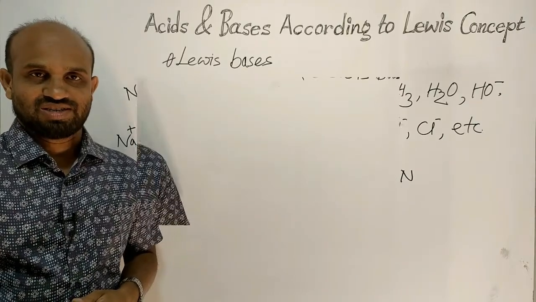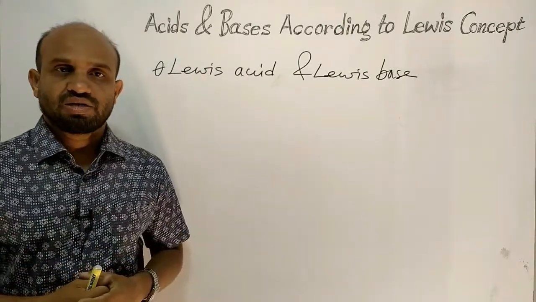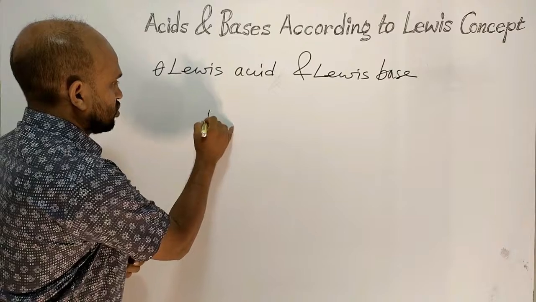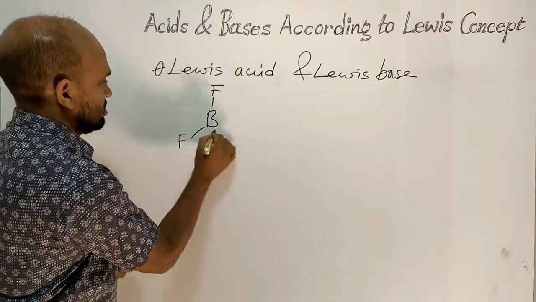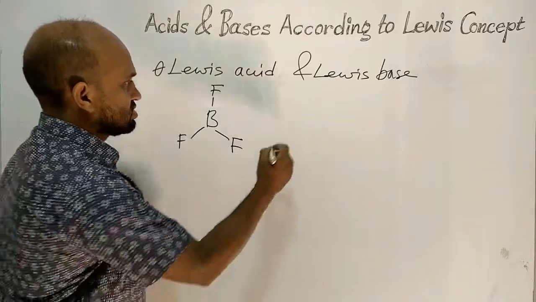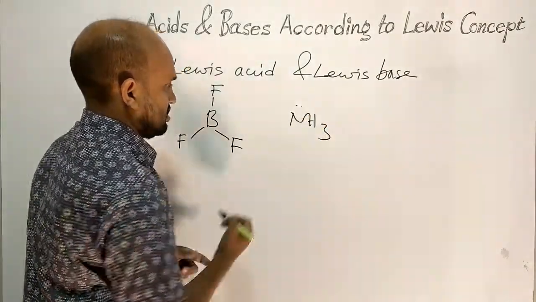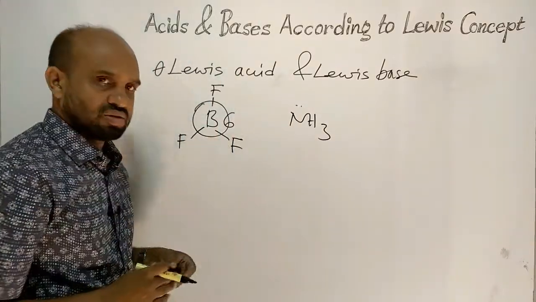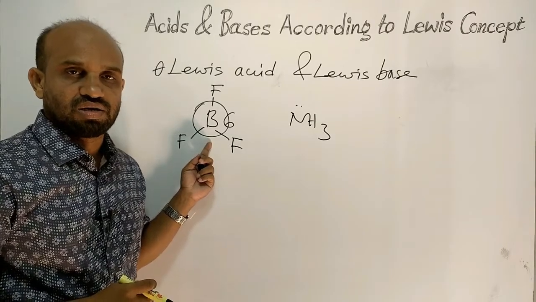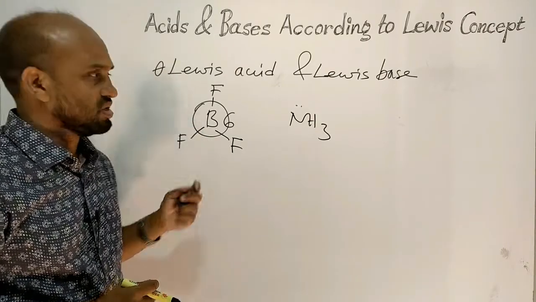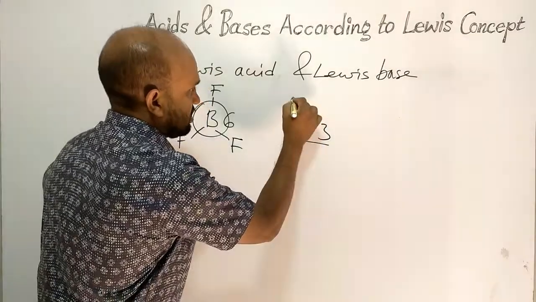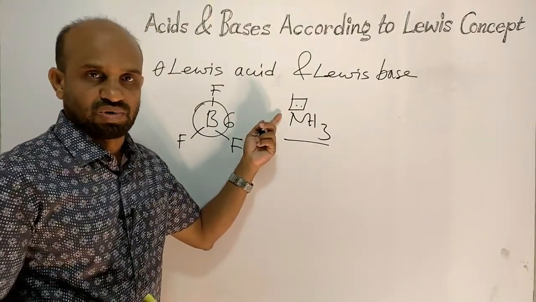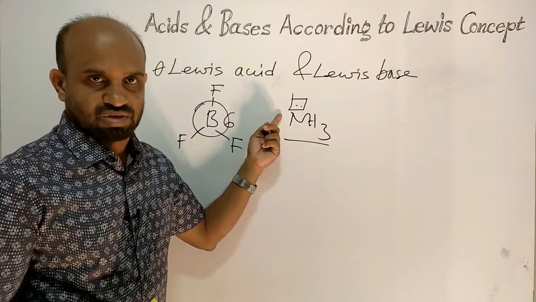Let's see the next point. Lewis acid and Lewis base in short. Let's see a Lewis acid, boron trifluoride, and Lewis base is suppose ammonia, NH3. Here around boron there are 6 electrons, so Lewis acids are electronically deficient, and in ammonia there is one pair of electrons which is a lone pair of electrons or free pair of electrons.